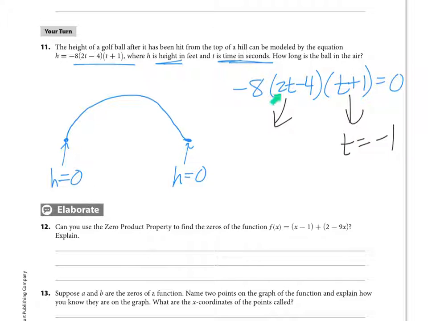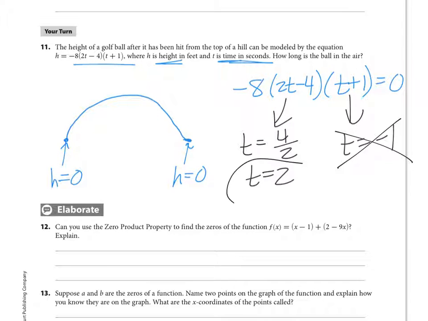What's the opposite of multiply by 2? You divide by 2. So what I get t is 4 divided by 2, which is 2. Now, what is t? Remember back up here, t was in seconds. Well, this answer does not make sense. You can't have a negative time. So how long was the golf ball in the air? That's the only one that makes sense, and you do need to put your units: 2 seconds.